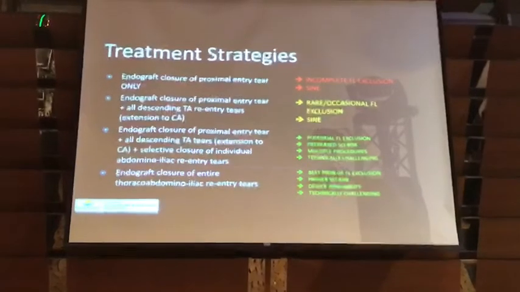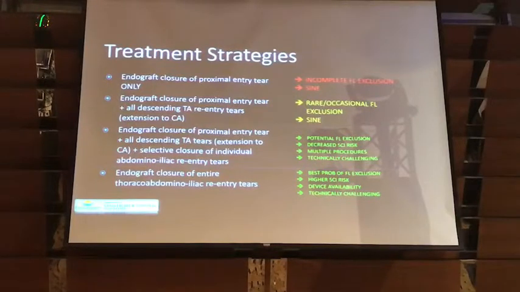On the right-hand side of the screen is, in my personal opinion, one man's opinion, how effective that strategy is, and I colored it in red. I actually think it's completely ineffective and has no role in the setting of chronic aortic dissections, not acute, but chronic, because it incompletely excludes the false lumen, and it gives a significant risk of SINE.